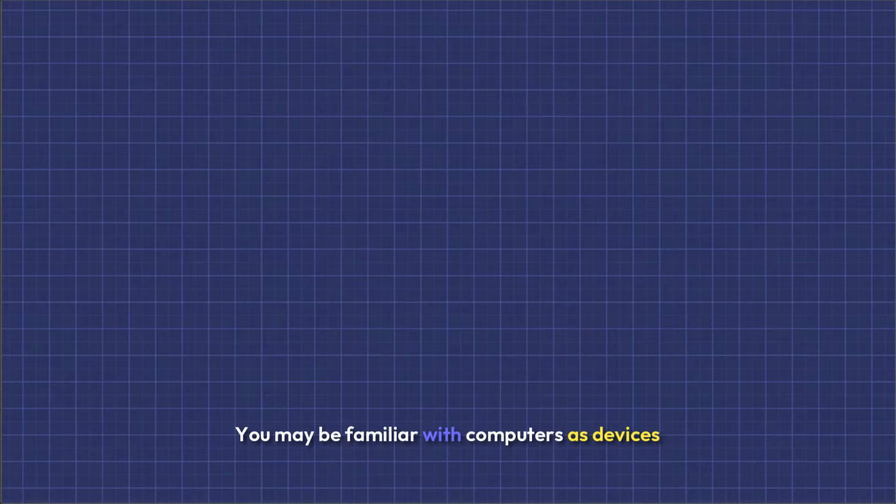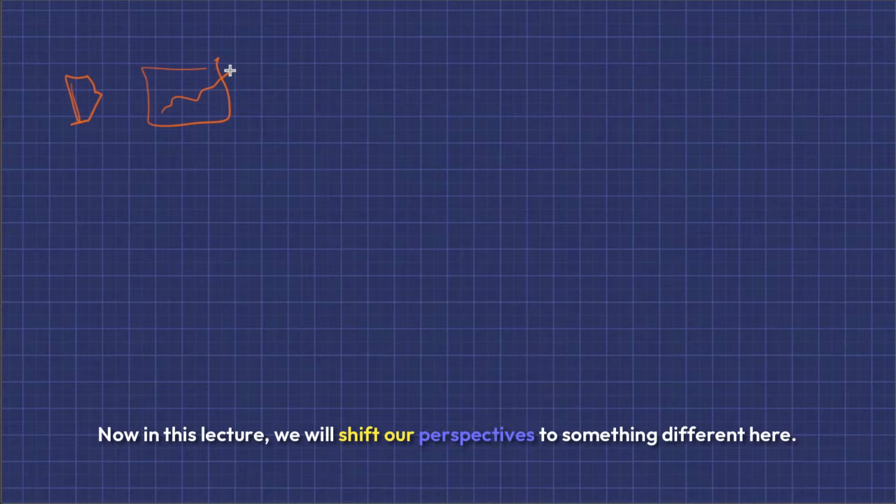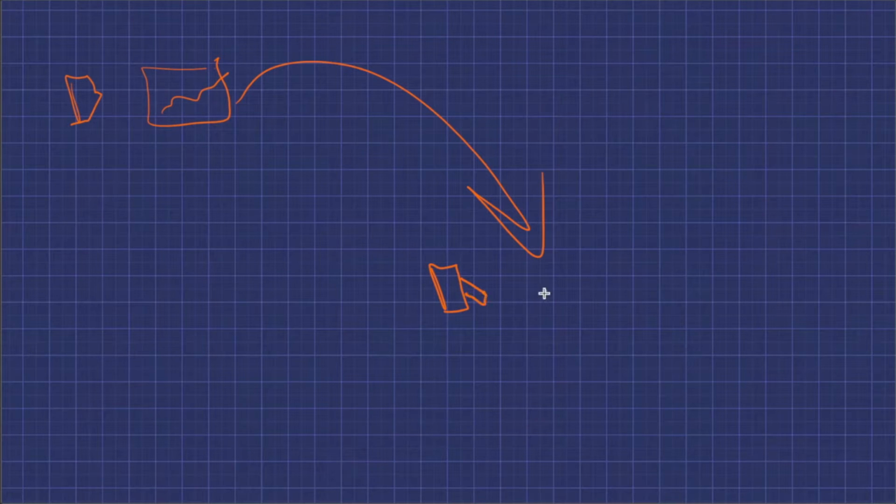You may be familiar with computers as devices that store collections of programs like files or graphics, right? Now, in this lecture, we will shift our perspectives to something different. We will look at computers as billions of two-state switches.